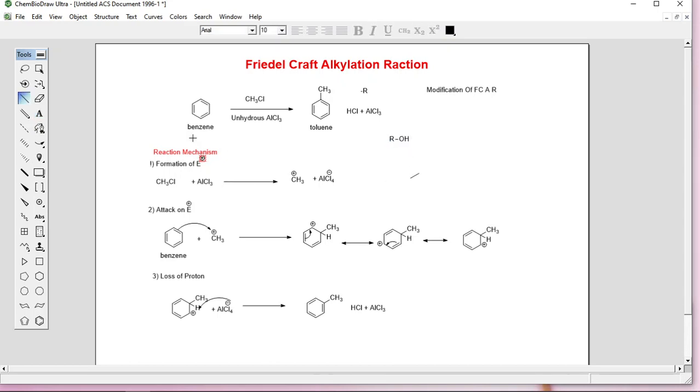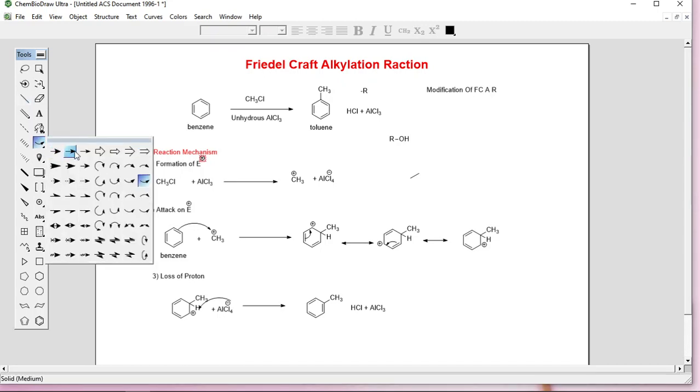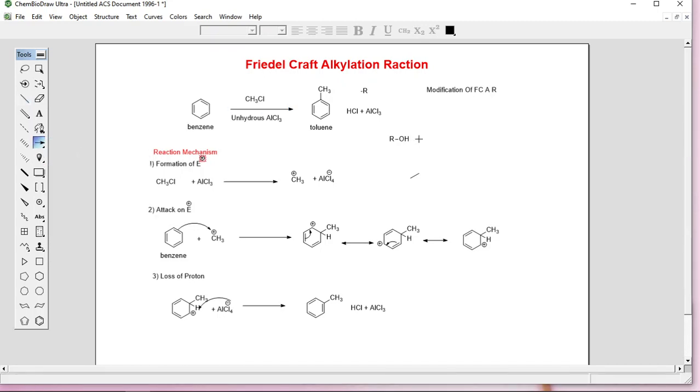When this alcohol reacts with acid, simply the electrophile R plus takes place, plus your water molecule.